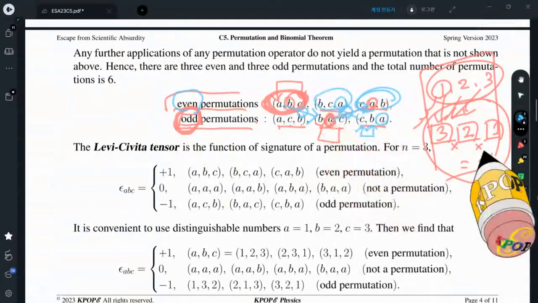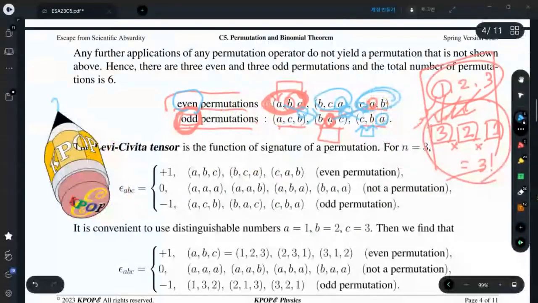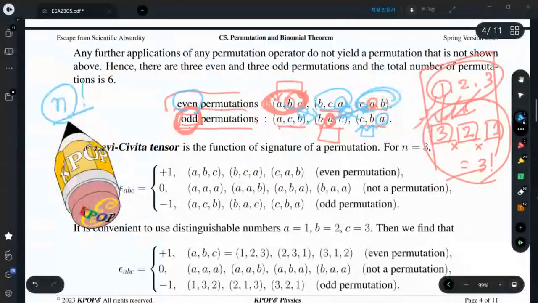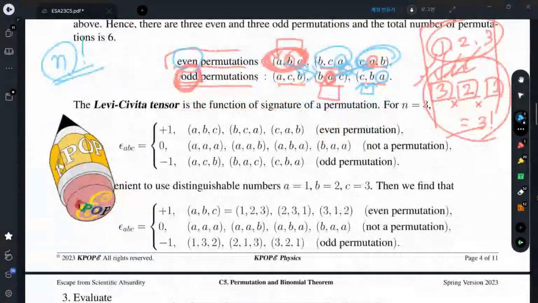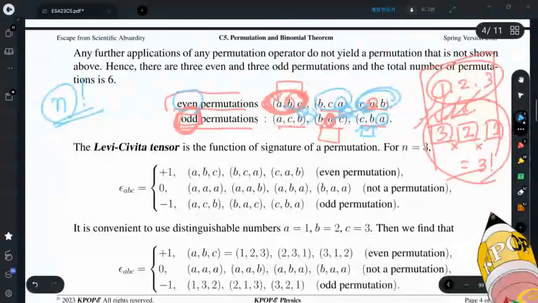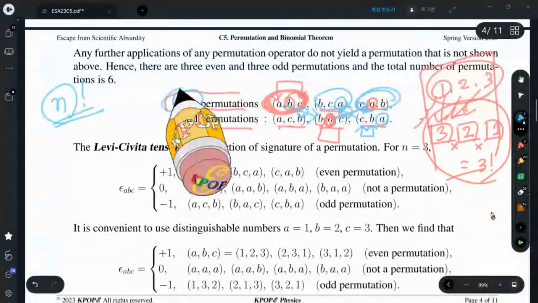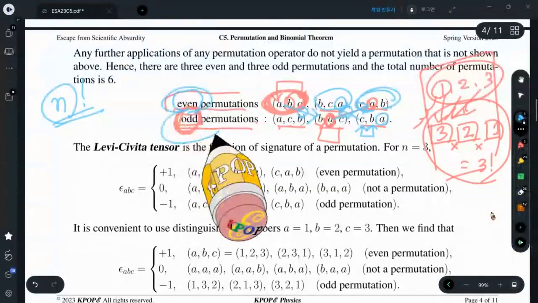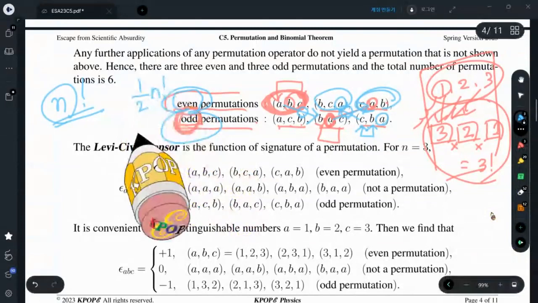In this manner, for any permutation of n elements you have n factorial. However, among them, they are sharply divided into two pieces, even permutations and odd permutations. That is 1/2 of n factorial, 1/2 of n factorial.